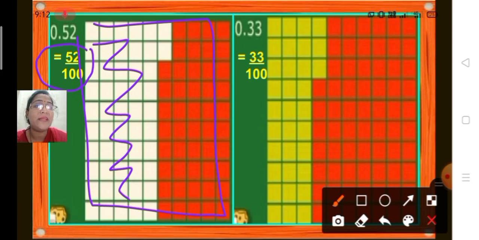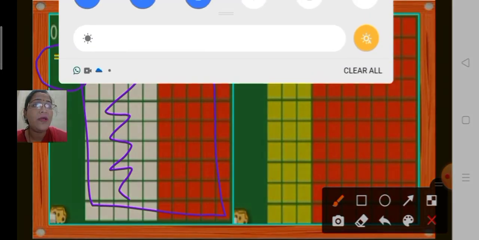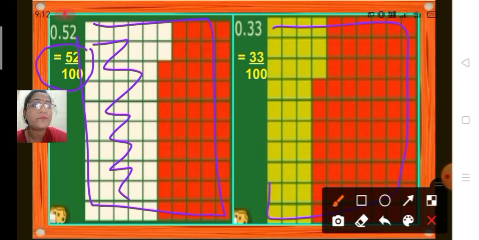The next example that is shown to us is, out of 100 parts, here 33 parts are colored. Then this represents the decimal 0.33, that is equal to 33/100 in fractional form.